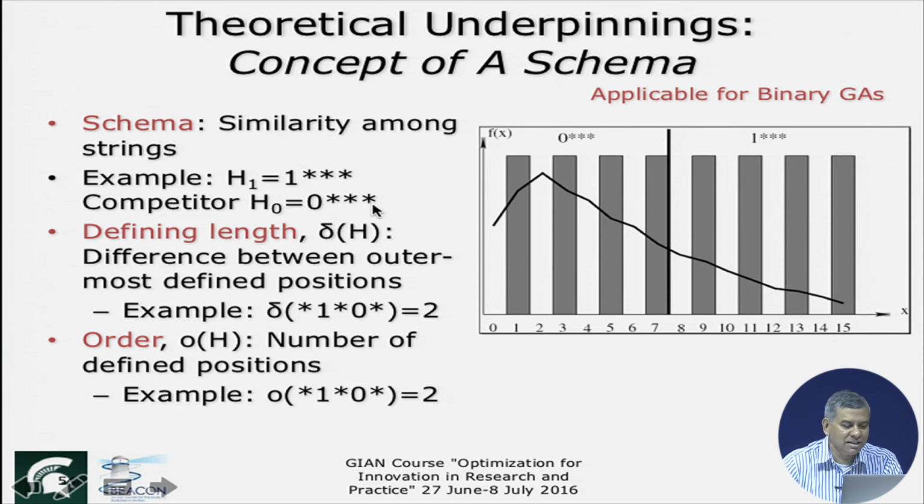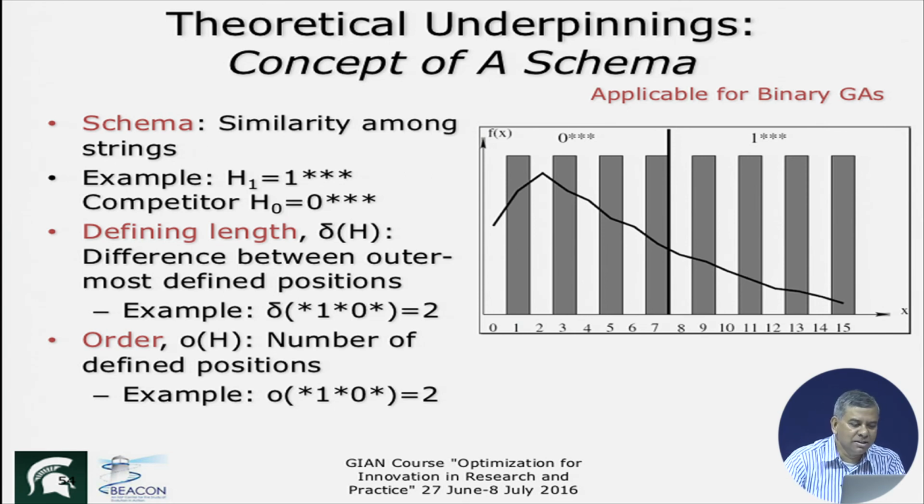No string is common to these 2. So if I tell you 1, 0, star, star, first question: how many decoded values, or strings, would it represent? 4, because there are 2 stars. And how many competing schemata does it have? 4, the same number, including itself.